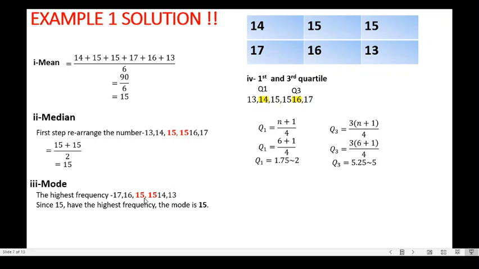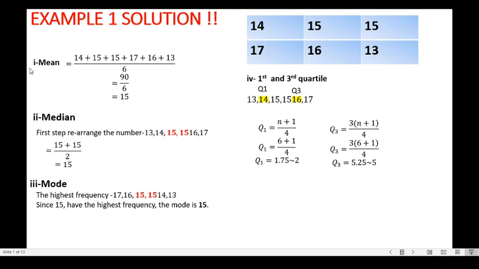So to identify your mode, we look for the highest frequency. Since 15 has the highest frequency, the mode is 15. That is how you identify your mode value for ungrouped data.